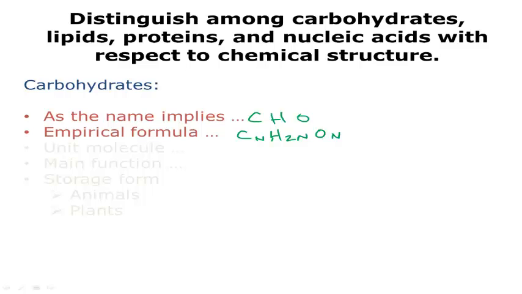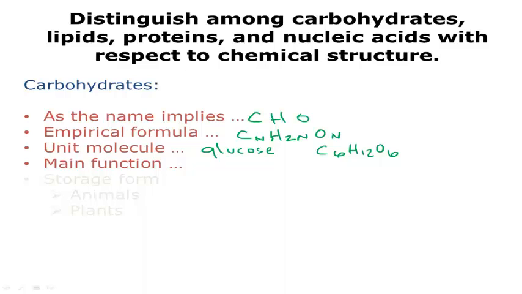Where you see this formula is in the actual monomer of carbohydrates that you really need to know the molecular formula of, and that of course would be glucose. And glucose, I'm going to give you the molecular formula, C6H12O6. You might want to repeat that to yourself 12 times before you go to bed tonight. But again, the point is, if you look at the ratio of atoms in that molecule, you're going to see it's 1 to 2 to 1. In other words, it complies with the empirical formula.